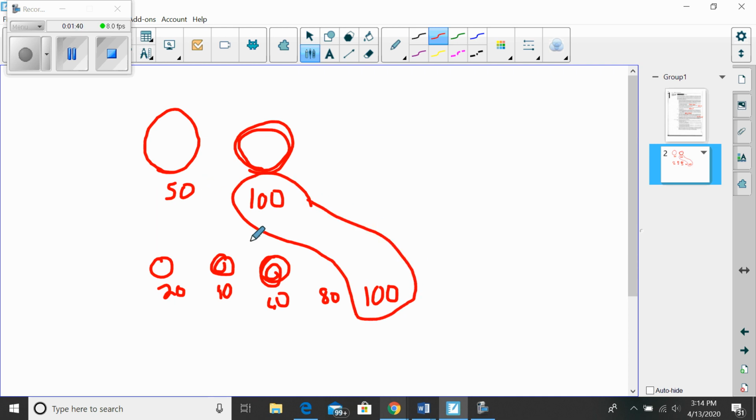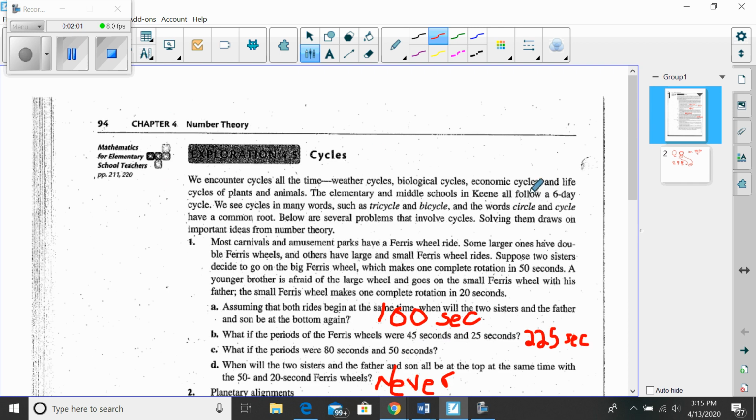So what I just found here is an LCM of 50 and 20. I could use any of those rules that I learned on that last exercise, where I multiply the 2 numbers and divide by the GCF, which would be 10, or what I showed down here is actually the list method.